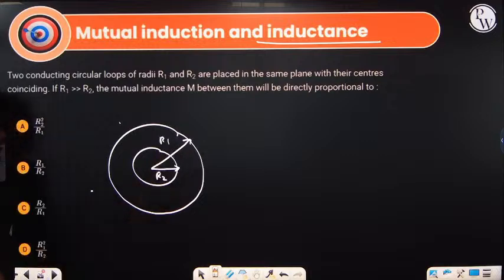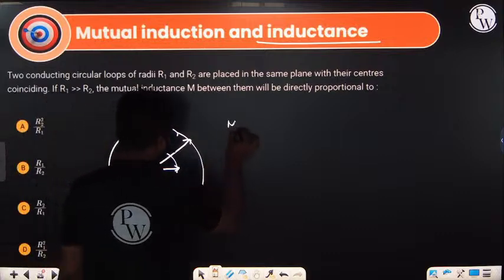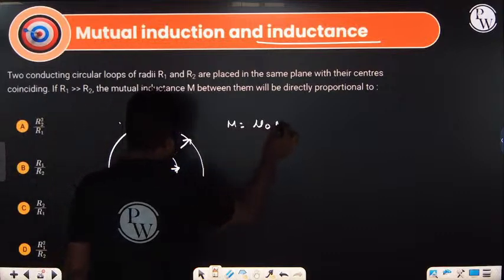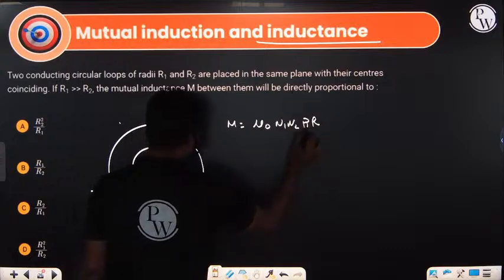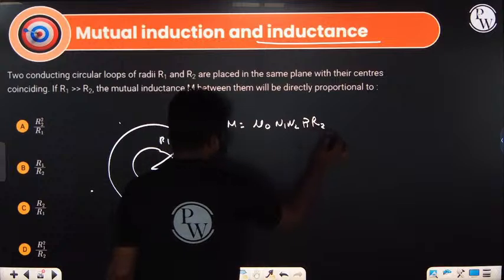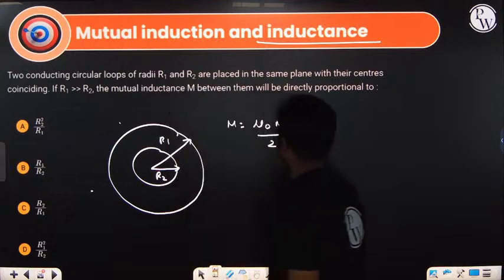They are asking what the mutual inductance M between them is directly proportional to. Mutual inductance is given by M equals mu naught N1 N2 pi R2 by 2R1.